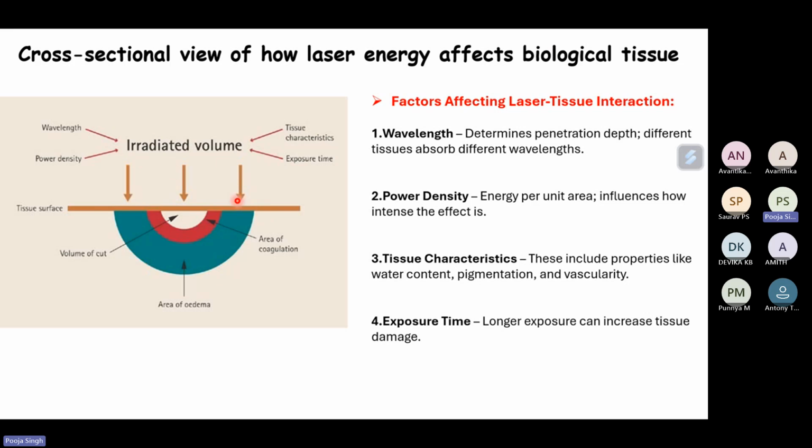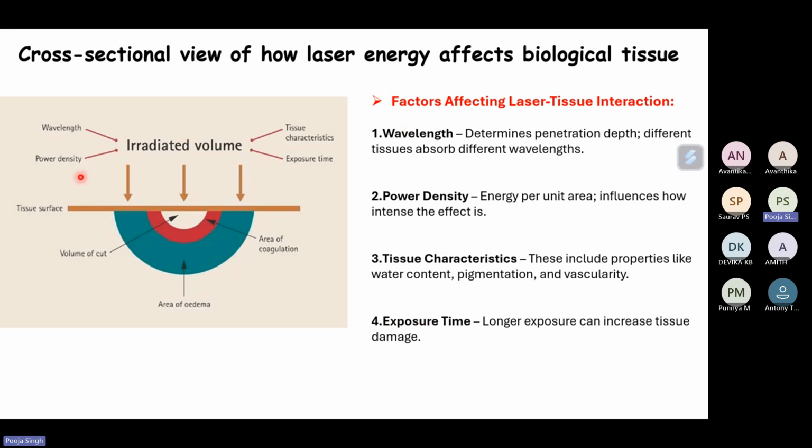So what are the factors that affect laser-tissue interaction? This might be asked in the examination: what are the factors that can affect the laser-tissue interaction. First is the wavelength, power density, tissue characteristic, exposure time.